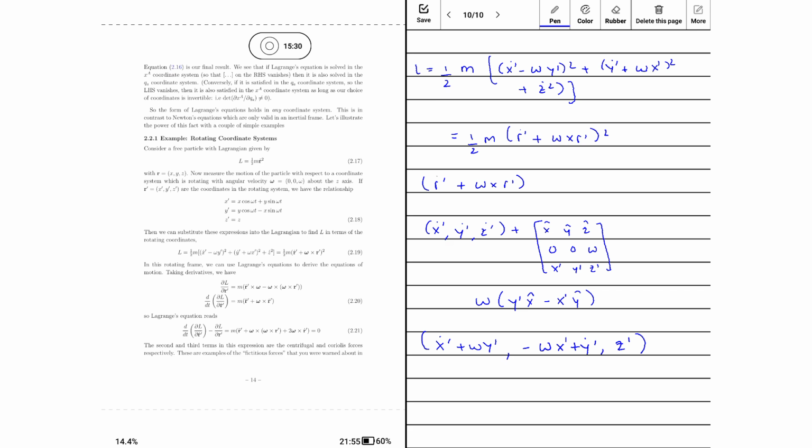Okay, I think I have made some mistakes inside. Omega cross z, is it some sort of minus? Just do it straightforward. Sorry, let me redo this calculation.